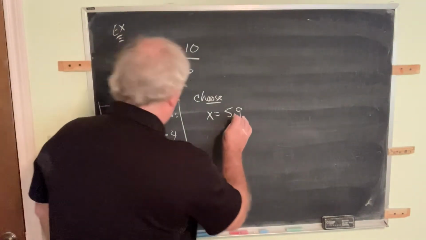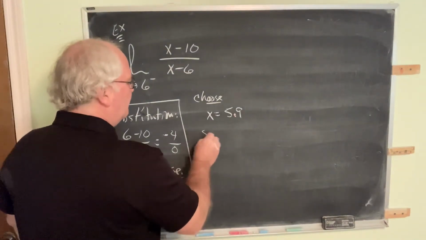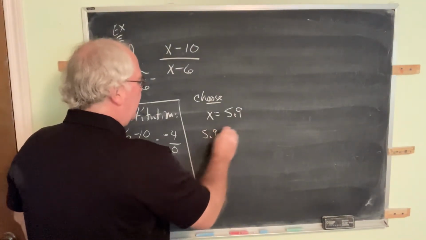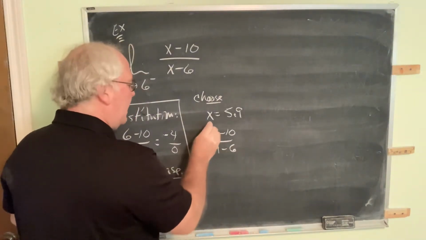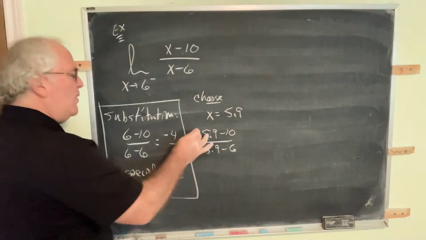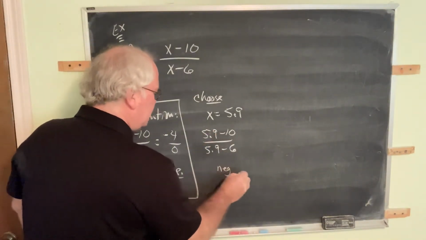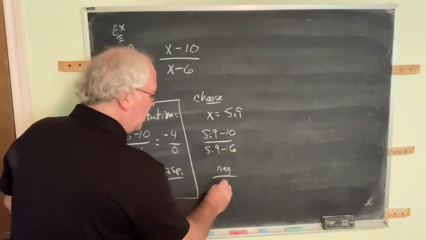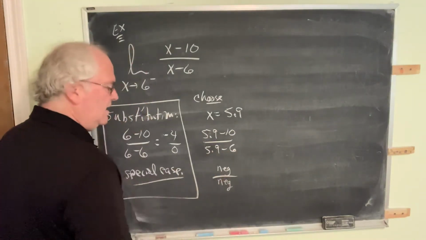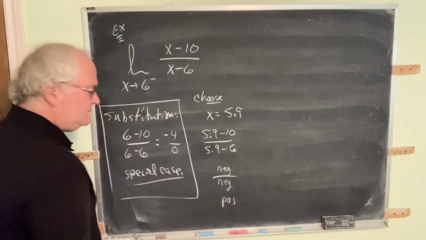So 5.9, now we go through the same process. So 5.9 minus 10 over 5.9 minus 6. Again, we don't care about the specific number. All we need is 5.9 minus 10 is negative something. 5.9 minus 6 is also negative something, but negative divided by negative is positive.